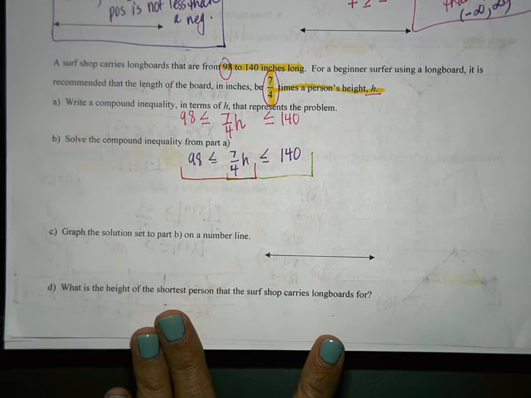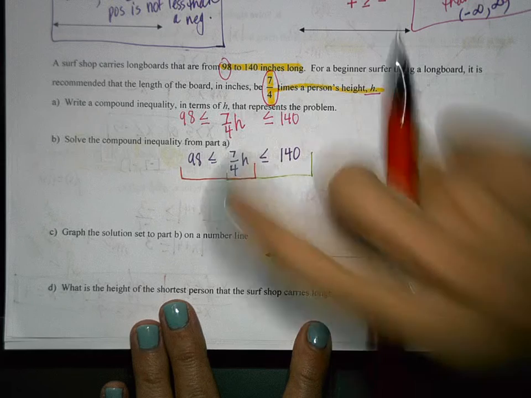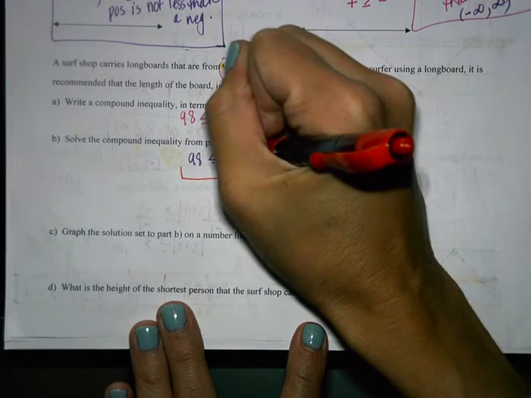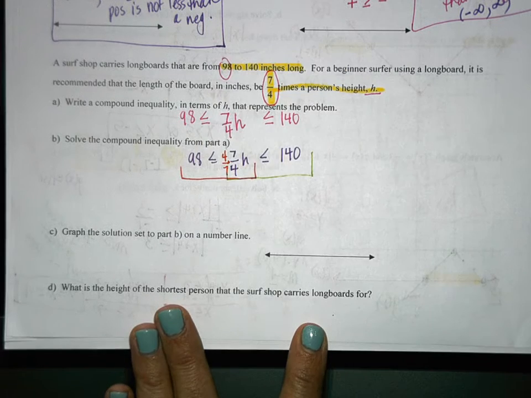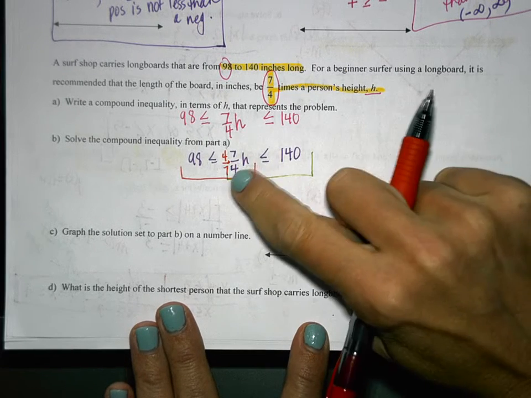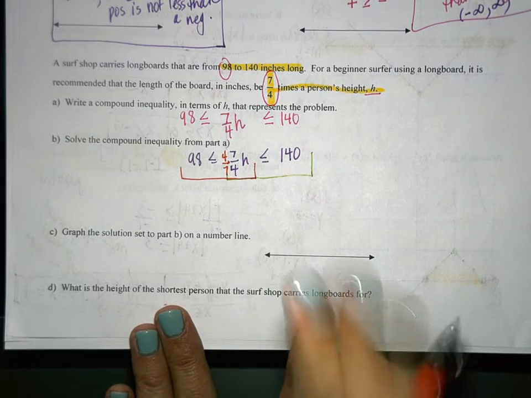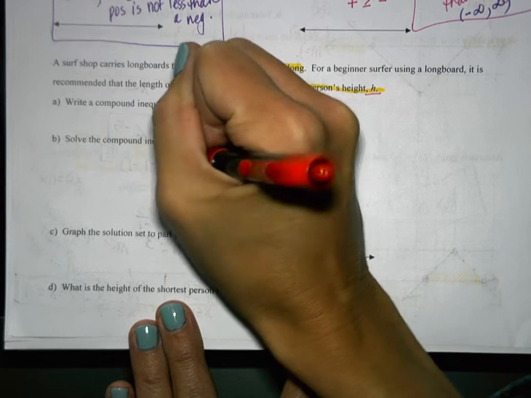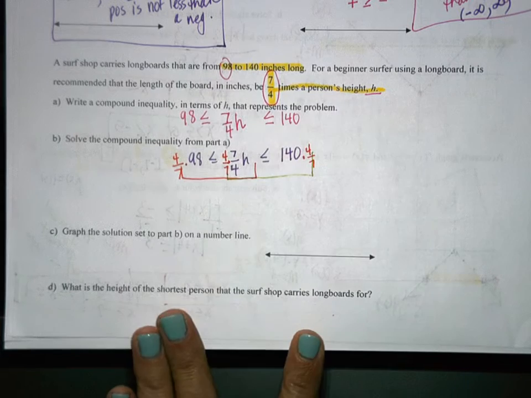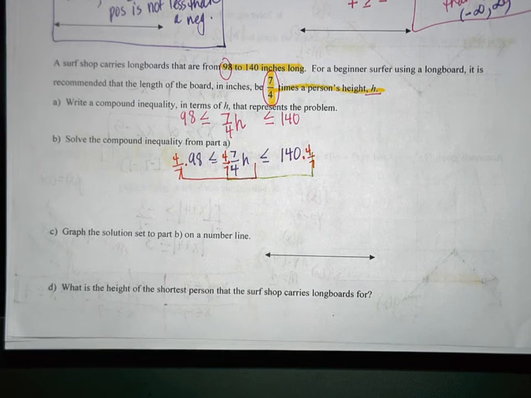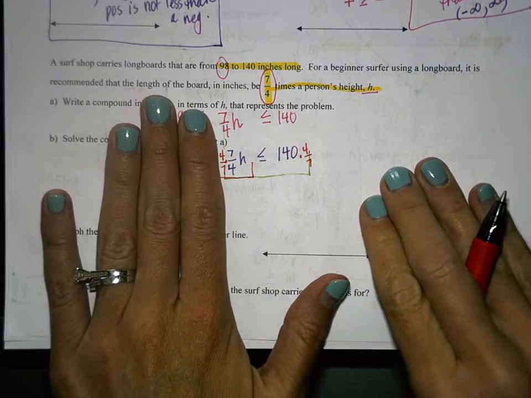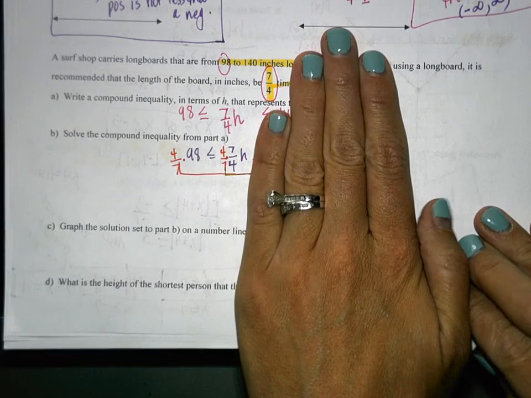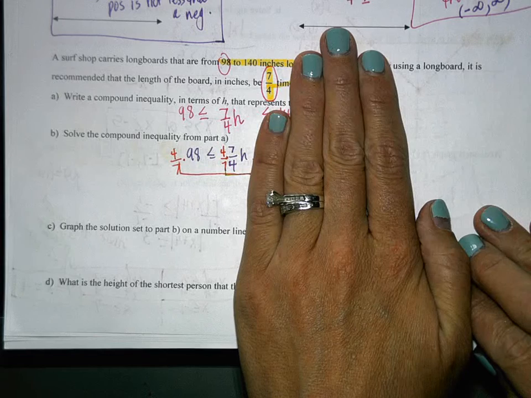When I want to eliminate this fraction, just like we did earlier in our notes, we multiply by the reciprocal, which is 4/7. That will eliminate that fraction. But because we have two problems here, I have to multiply the 4/7 to everything on each problem, so 4/7 to both of those, and then 4/7 to both of those.